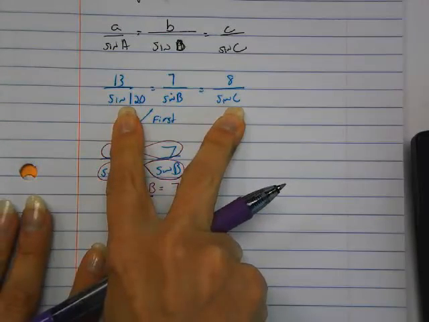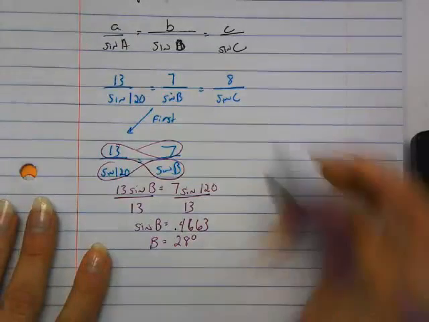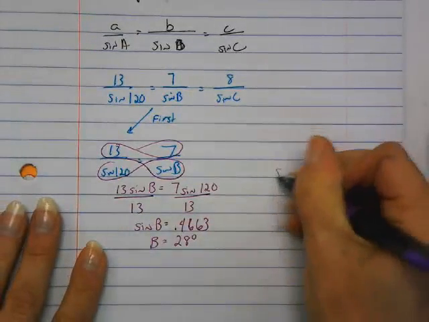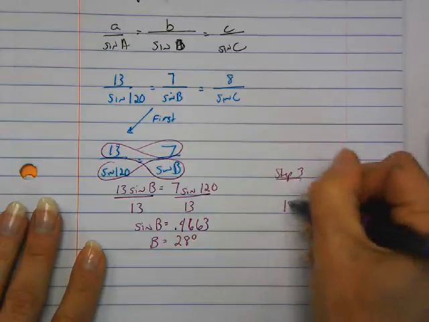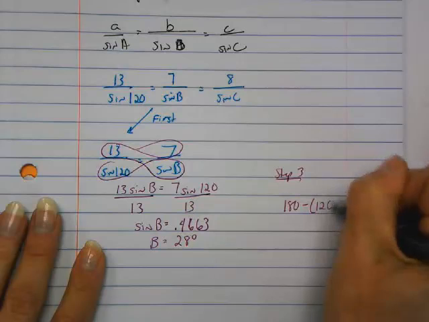Okay, so that's how we solve a triangle that's a side angle side triangle. So let's talk about how to do a side-side-side triangle.